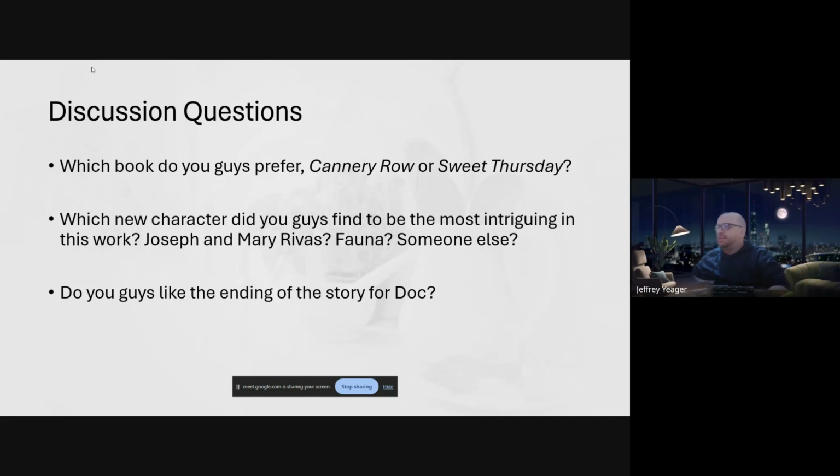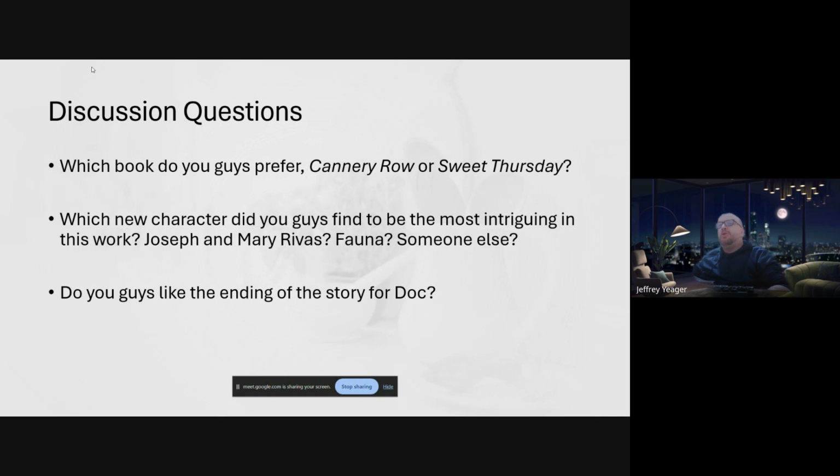This book kind of shows human connections developing, right? The importance of human connection. Even if you're brilliant like Doc, you still need that human connection.